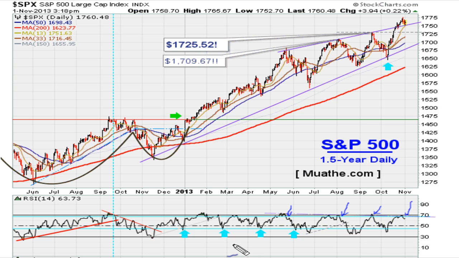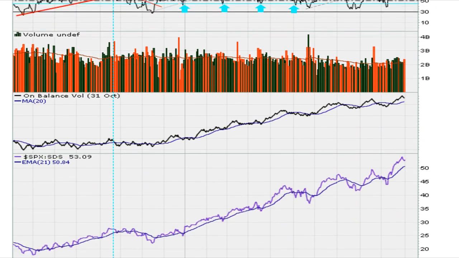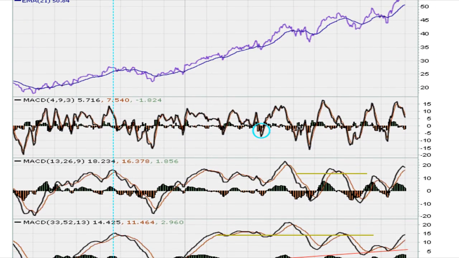So this could be where we start getting this eventual pullback, because every time we hit this level previously, we did get short-term pullbacks, and also here we got short-term pullbacks. So this could also be where eventually we start seeing the market moving lower.